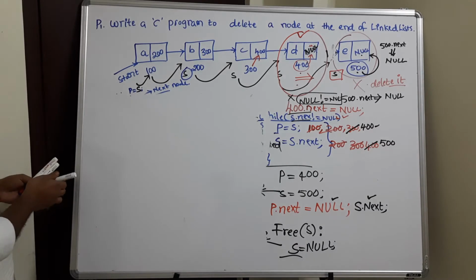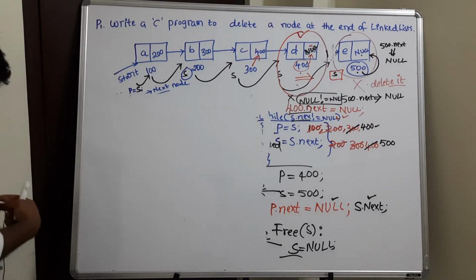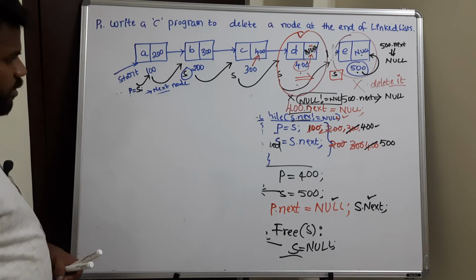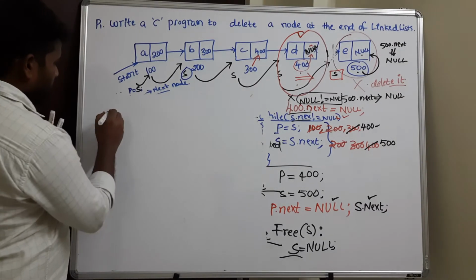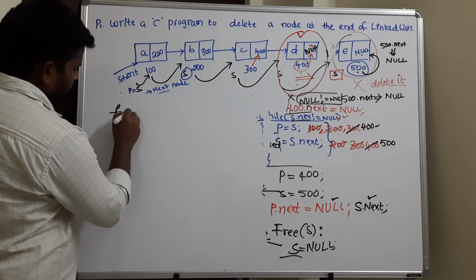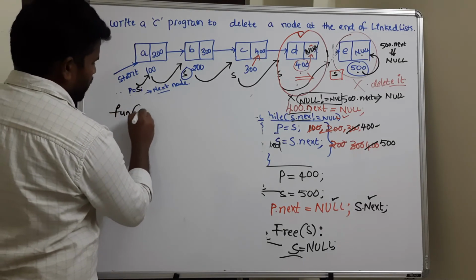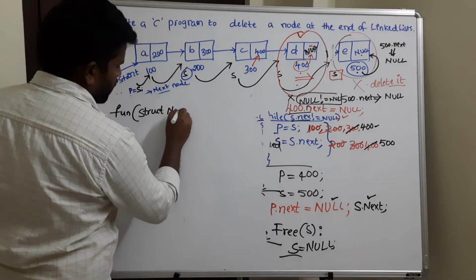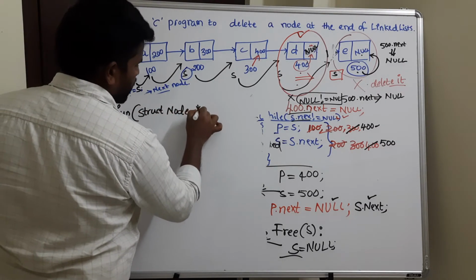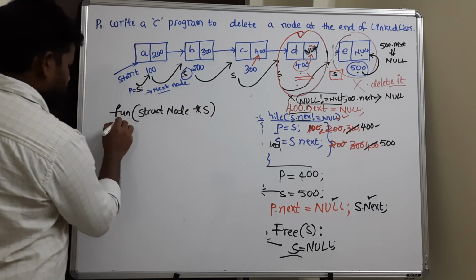So you have one function, let's say, a function of struct node, that takes the starting address.